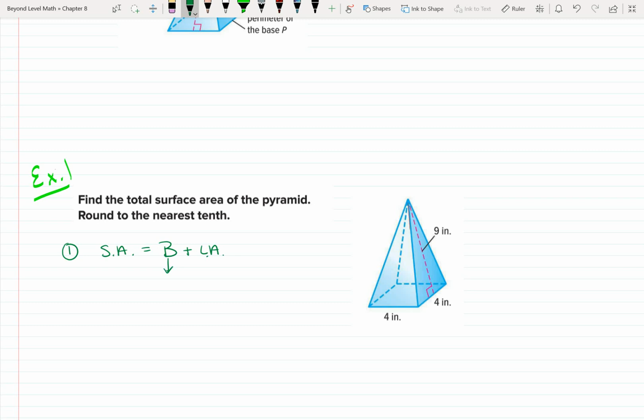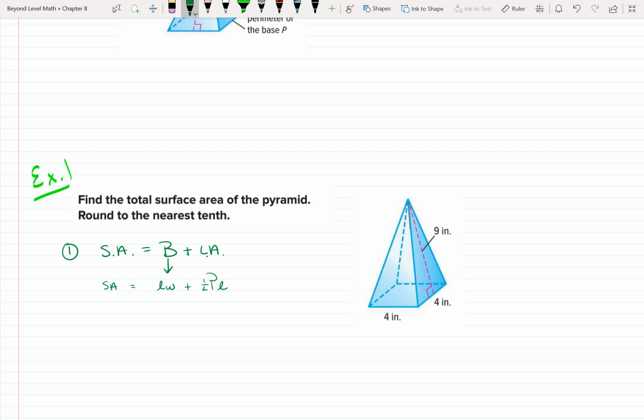So if the base is a square, the area of the base will be found by doing length times width. Plus the lateral area. To find the lateral area, we're using the formula 1/2 times the perimeter times the slant height. So this is our formula broken down. Surface area equals length times width plus 1/2 times the perimeter times the slant height.